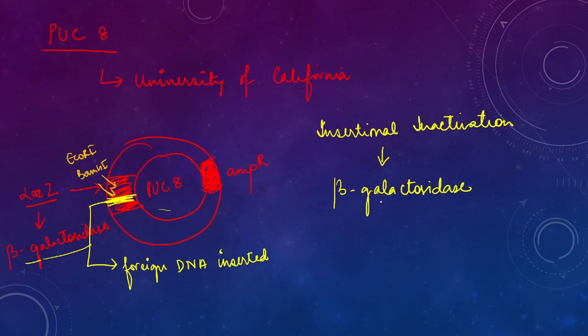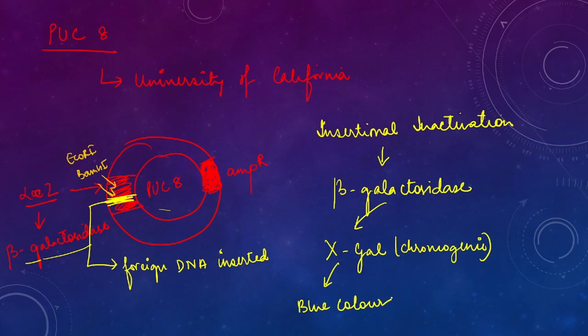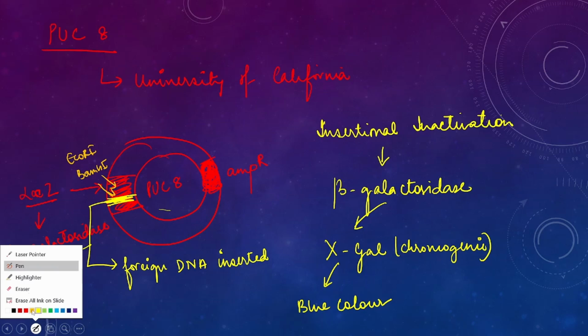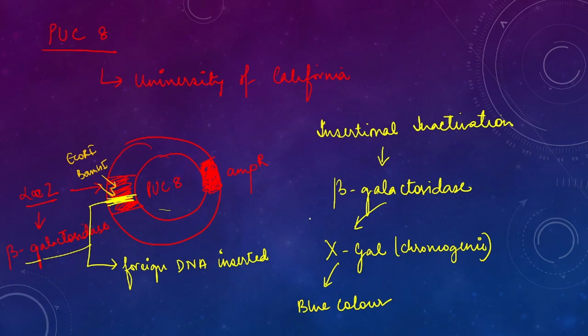Now normally beta-galactosidase will react with a substance known as X-gal. It is known as a chromogenic substance. That means it gives color. And when it binds to X-gal, what color do we get? We get normally blue color. But this happens only when the gene is active, right?